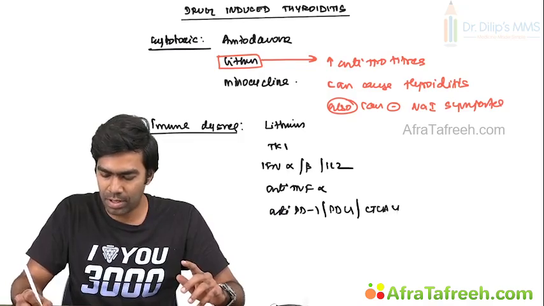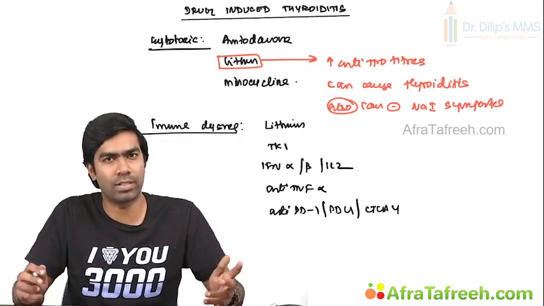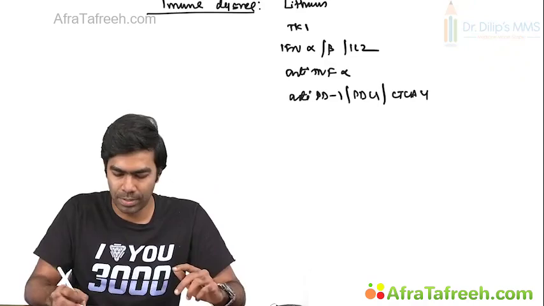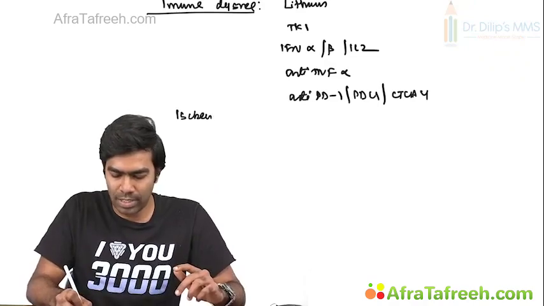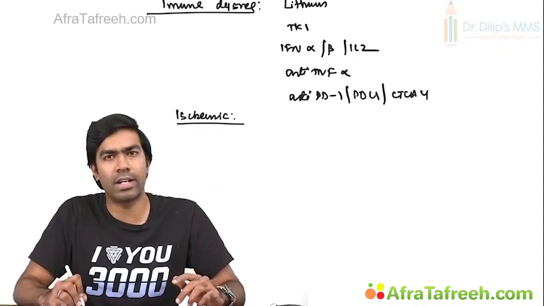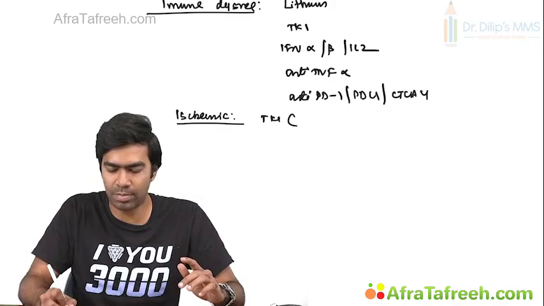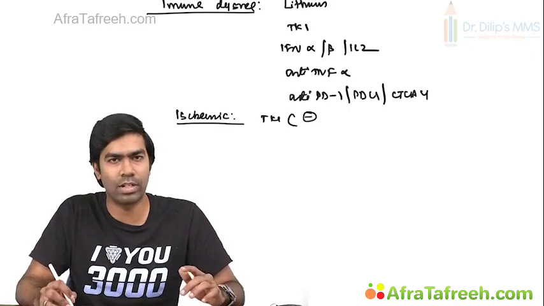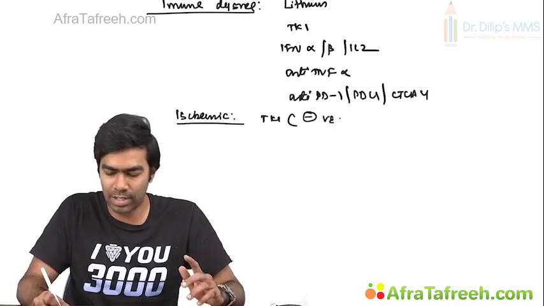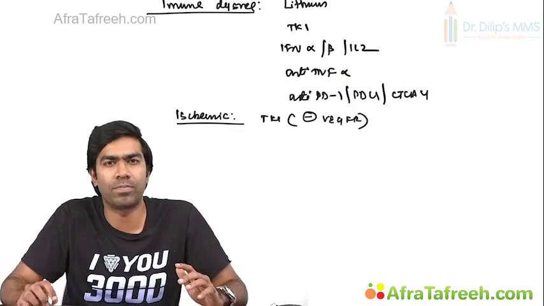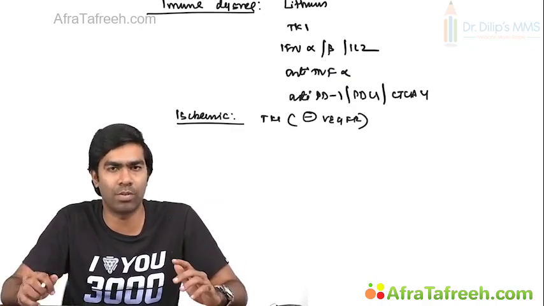All these can impart immune dysregulation and they may cause thyroiditis as well as hypothyroidism. All these things we have discussed in the hypothyroidism chapter itself. And due to ischemia, certain drugs can induce hypothyroidism and thyroiditis. For example, tyrosine kinase inhibitors, because they also inhibit various tyrosine kinases like the VEGF receptor, which is a very important thing in producing a vascular supply to a particular area.